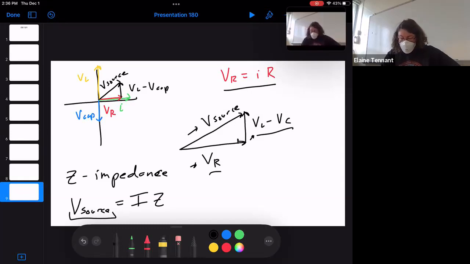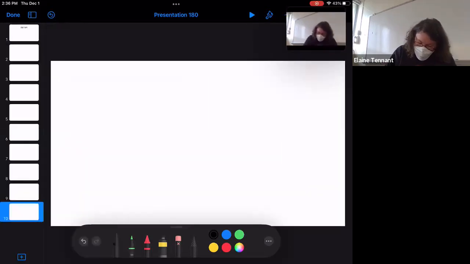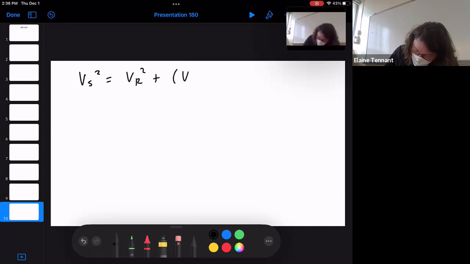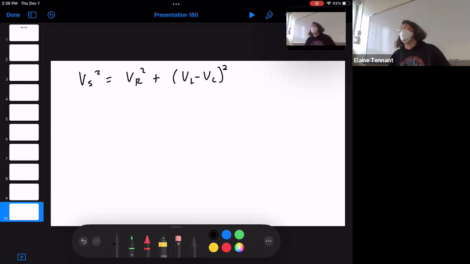Of this right triangle, you would write down the Pythagorean theorem, where hypotenuse squared equals each leg squared added together.